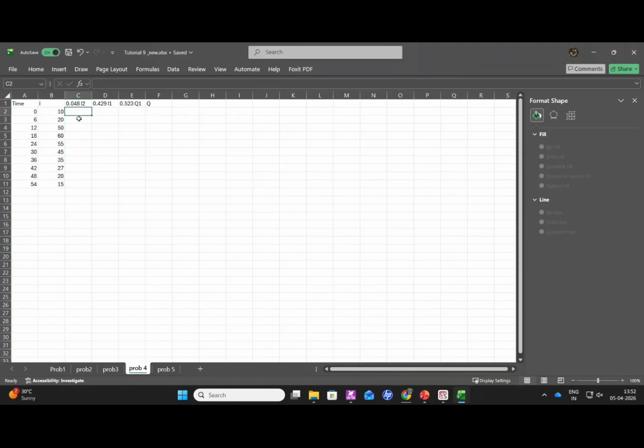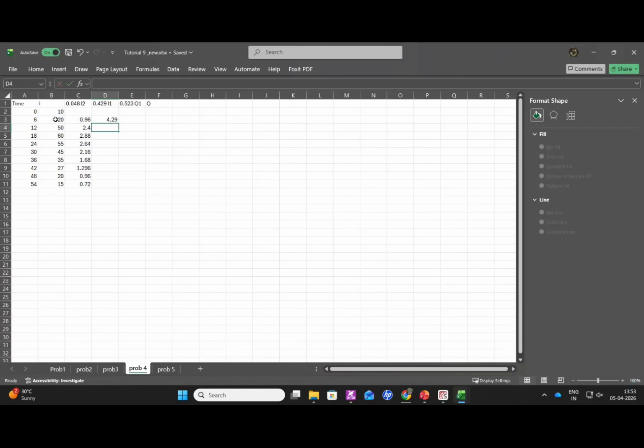So you can start with here. This is going to be 0.048 into the value of this. Then we start with here, which is 0.429 into the value of I1.